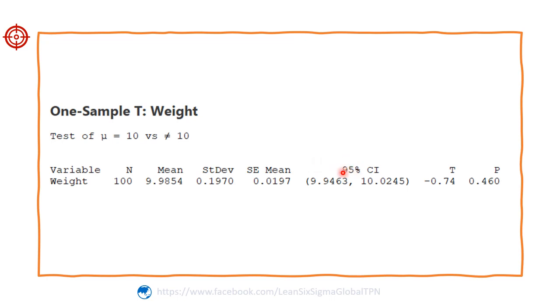We can be 95% confident that the true mean of the population is between 9.9463 and 10.0245. Because 10 is within the confidence interval, it is likely that our sample came from a population with a mean that is equal to the target.